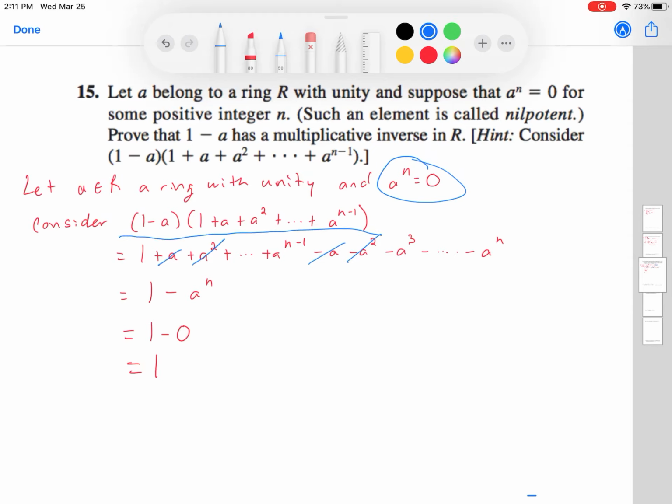Now we started with 1 minus a times 1 plus a squared plus all the way up to a to the n minus 1, and it now equals 1. Therefore, 1 minus a has a multiplicative inverse.